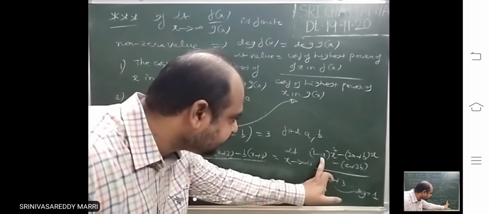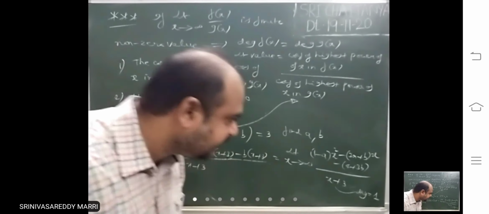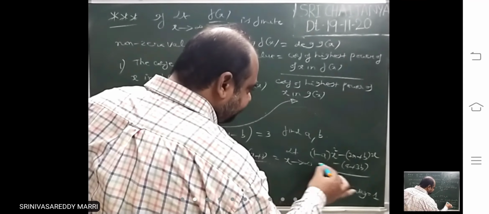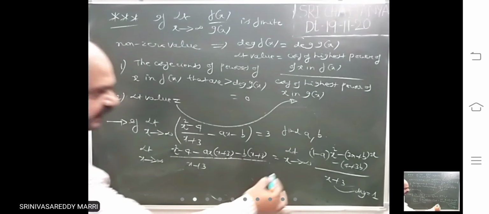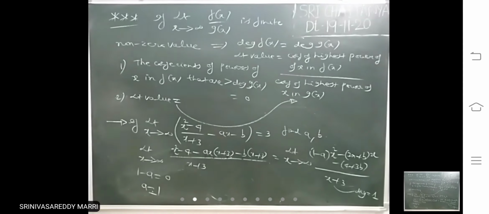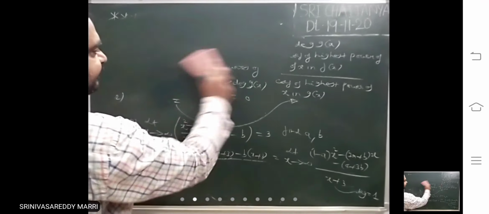What are the powers in f of x which are more than this degree? More than that means this term is there, and that coefficient must be 0. That means 1 minus a must be 0, a equal to 1. If it is there, then the limit will become infinite. So that must be 0.